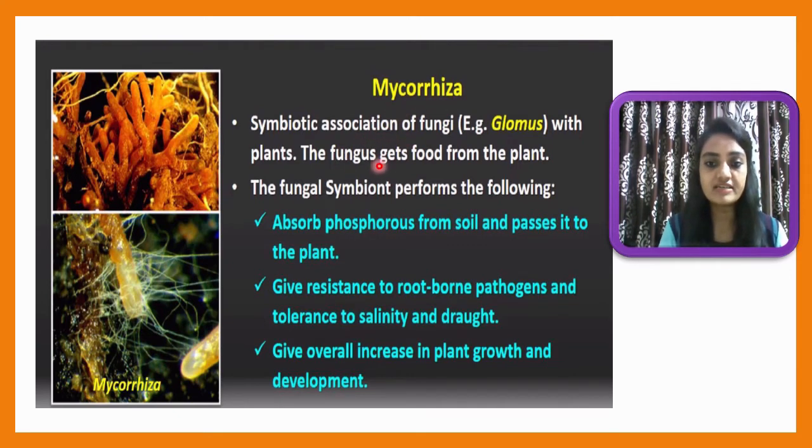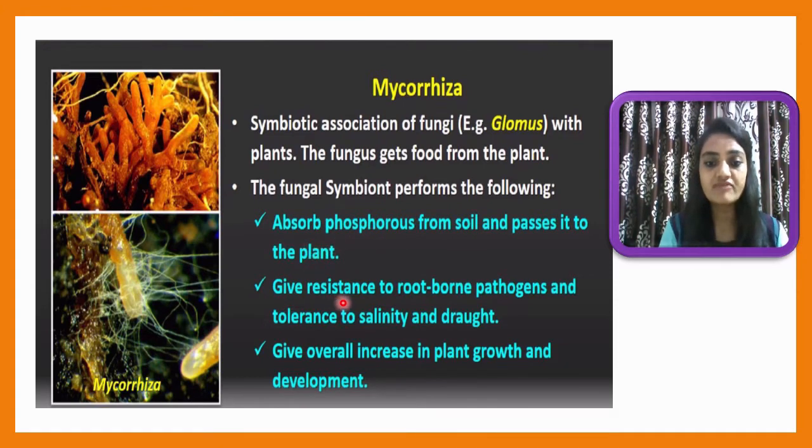Both will get benefit from each other. The fungus gets food from the plant, and the fungal symbiont performs the following functions. It absorbs phosphorus from the soil and passes it to the plant, so plants deficient in phosphorus will get phosphorus by using the fungi.